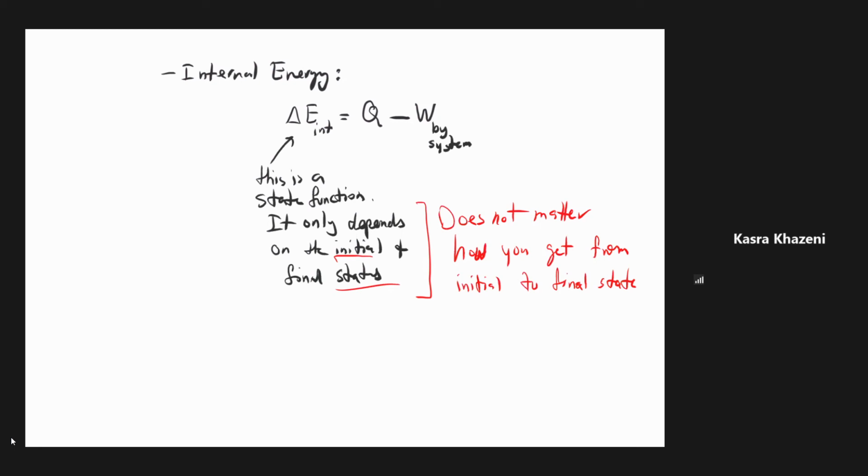The other ones do, but this one doesn't. Okay? So the internal energy of the system depends only on how much heat you add to the system and how much work that system does. And when you subtract the two, you get the total internal energy, regardless of how you change those. Okay? All right. So I'm going to rewrite it again.